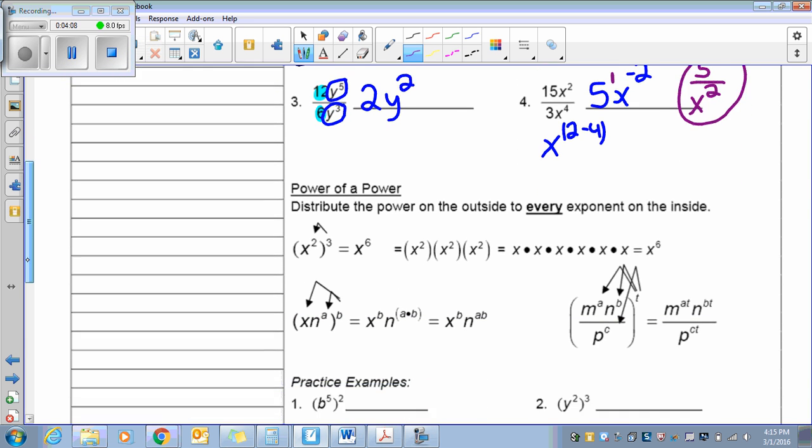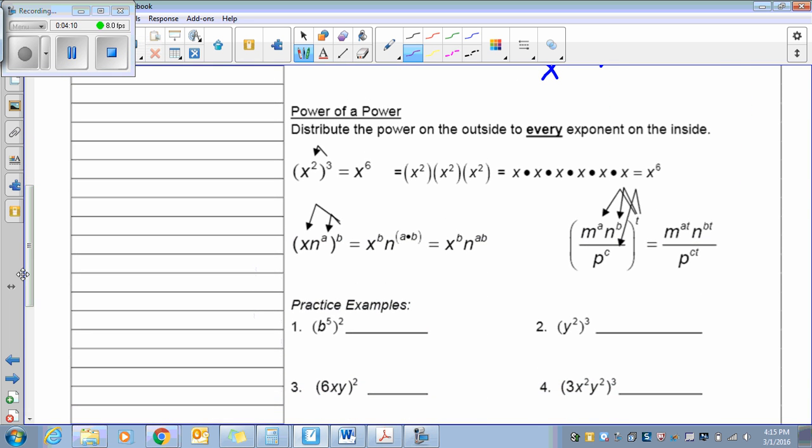All right, the last property we are going to look at is the power of a power property. Very similar to product of powers, except this is when you would have a power also that you are multiplying. So you do have an example here that you can look at when it says x squared to the 3rd power. x squared is kind of your base here.